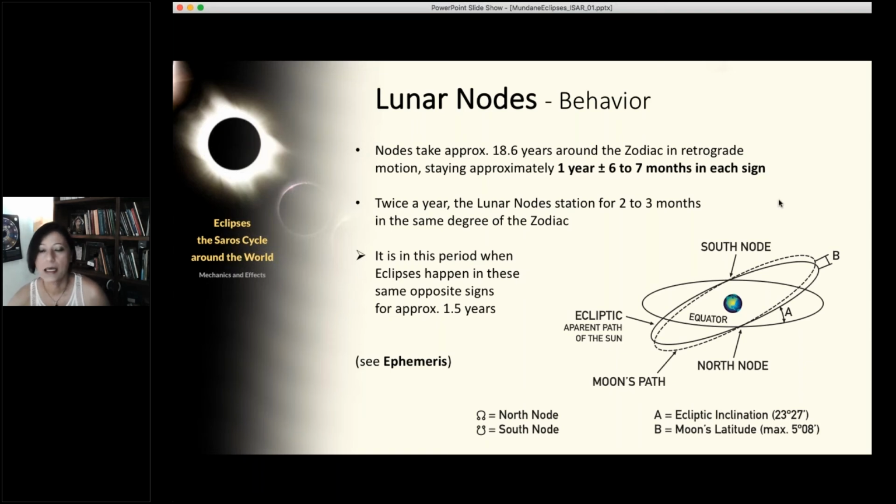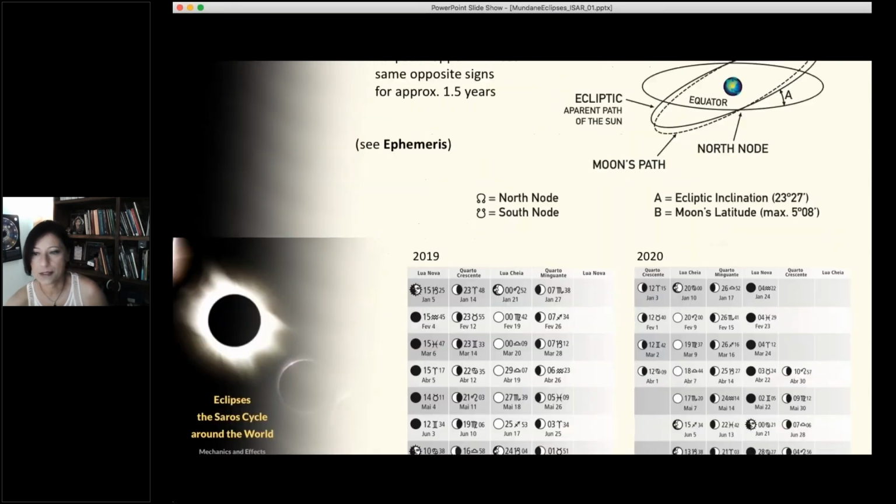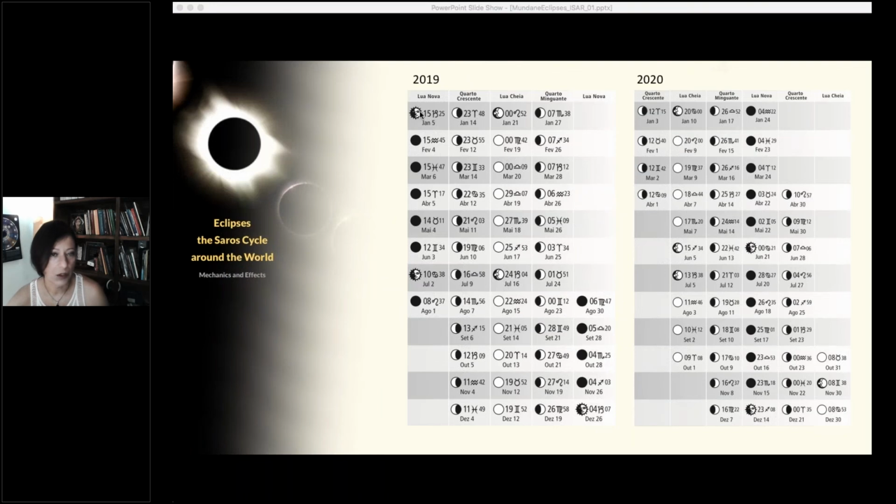Okay. And what is exactly what happens when we have the eclipses? Okay, for example, we see here that in 2019, the eclipses happened here in Capricorn, then it went a little bit back to Leo, but in their retrograde motion, they keep going and they do Cancer, then Capricorn, then Capricorn, then Cancer.